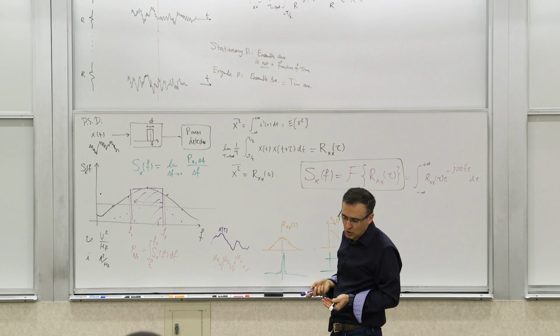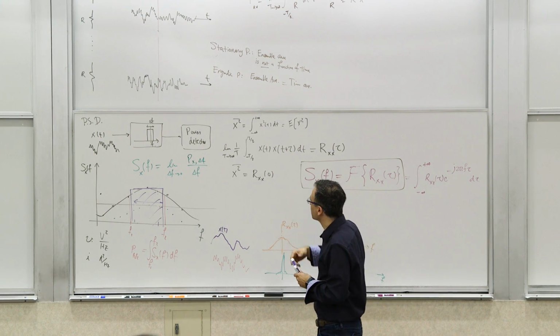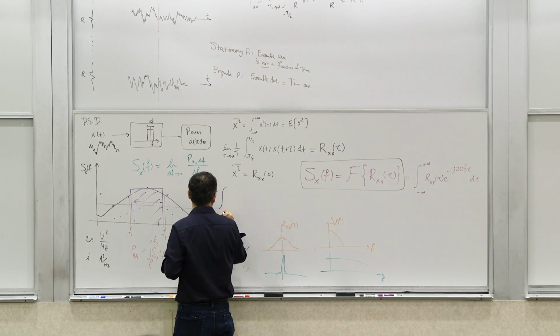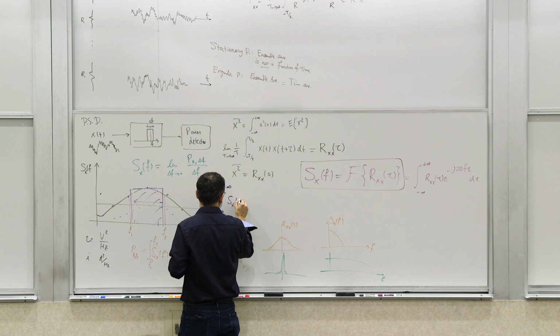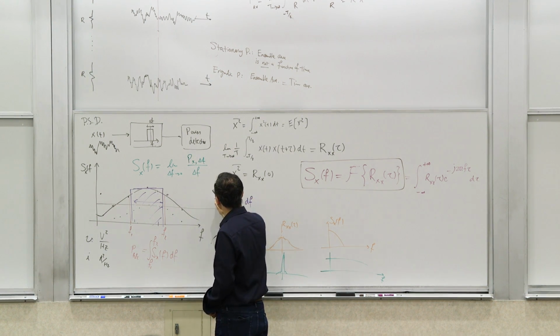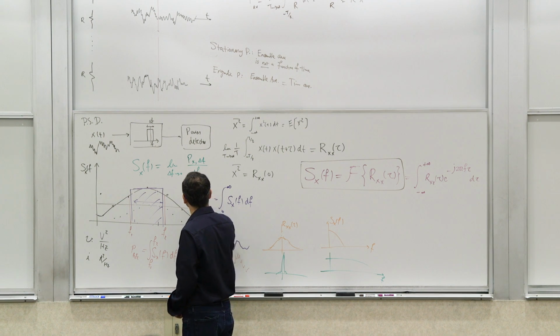What you can do is integrate the original power spectral density from 0 to infinity, and equate it to S max times the noise bandwidth.